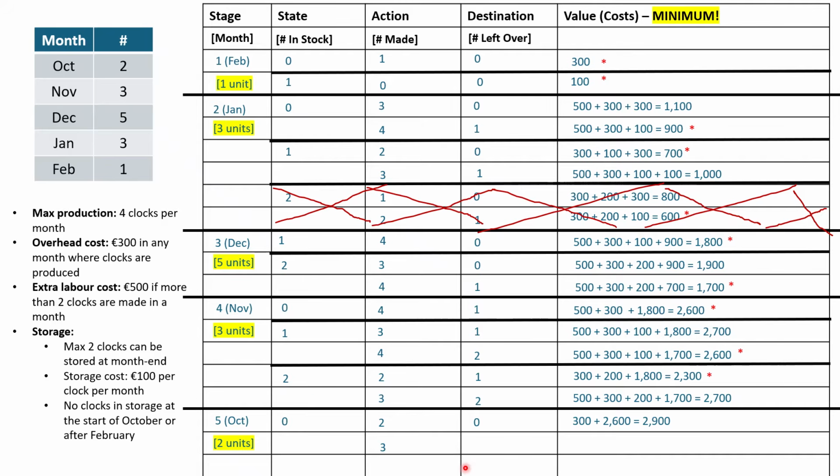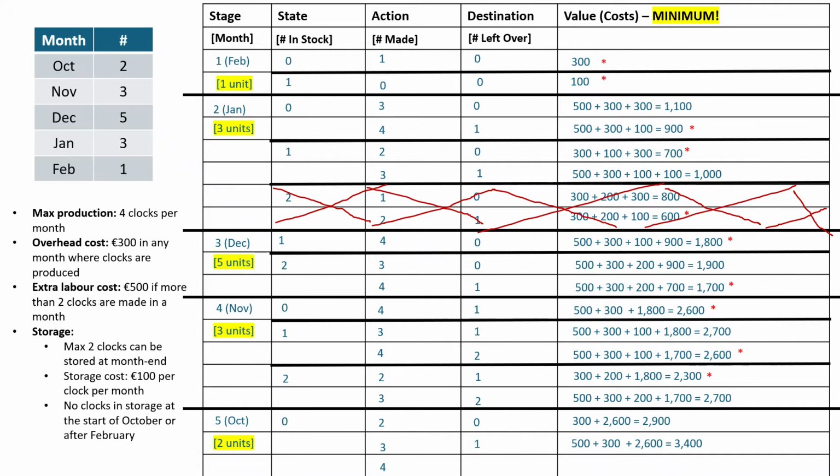And if there's 2 left over, the optimal value of having 2 at the start of November is going to be that 2,300. So it gives us 3,100. Now, of those 3, our optimal value, so we're thinking cost, it's a minimum, so it's 2,900. So in terms of our final question, what is the minimum cost? And the minimum cost is 2,900, which we can read directly from here.